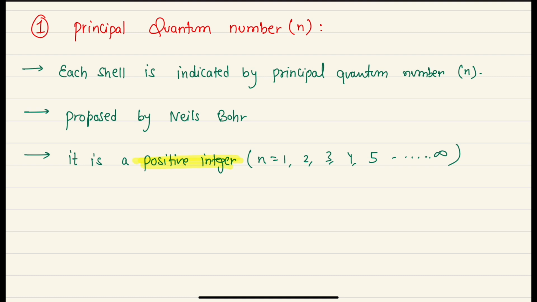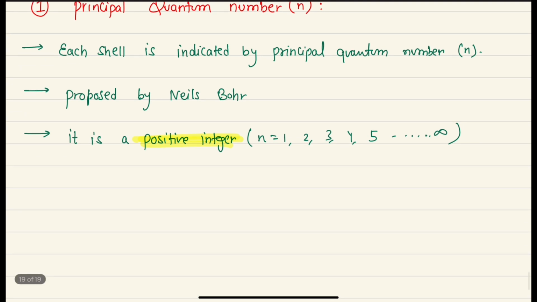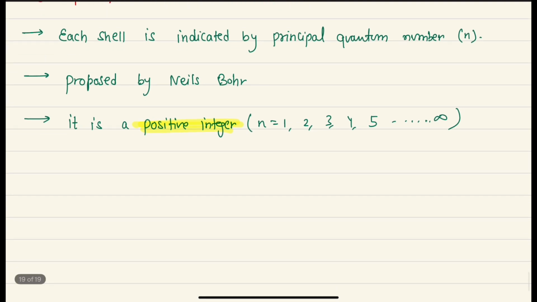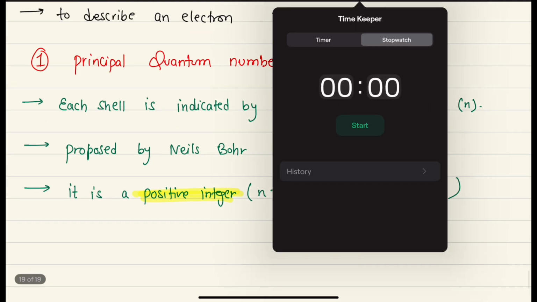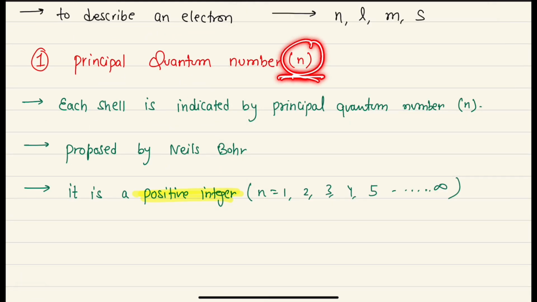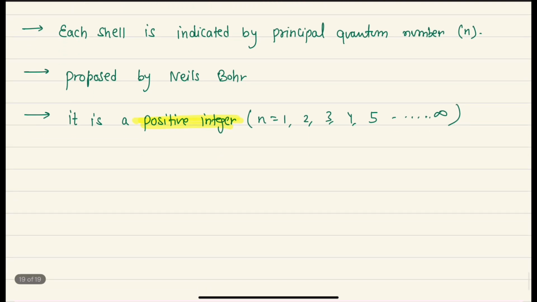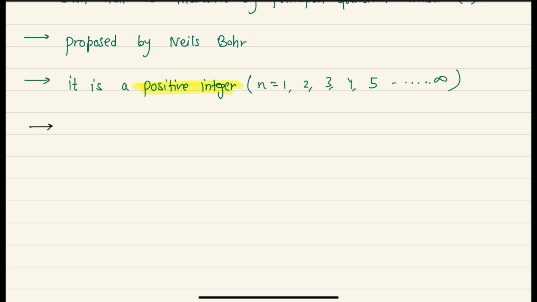Now, the value of this small n will indicate the size of the orbital. So write it here.